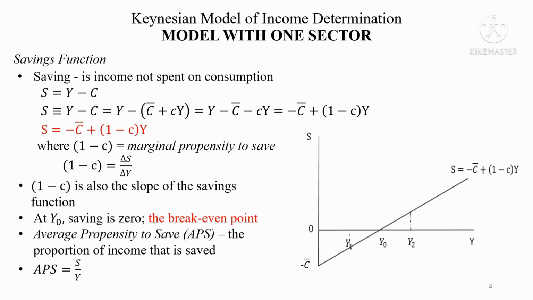Marginal propensity to save, or MPS, is equal to the change in S over the change in Y.